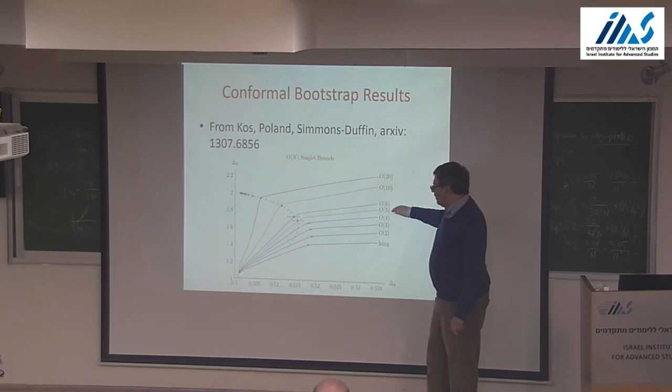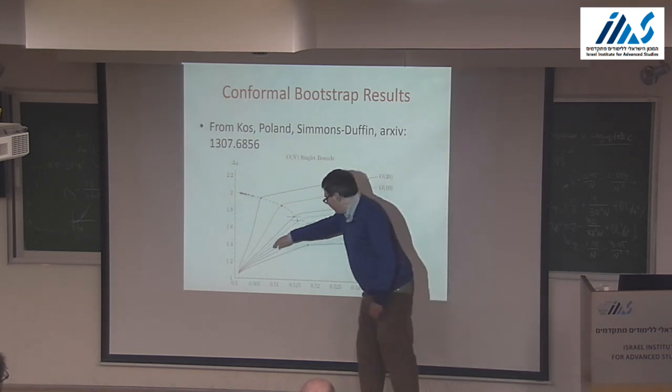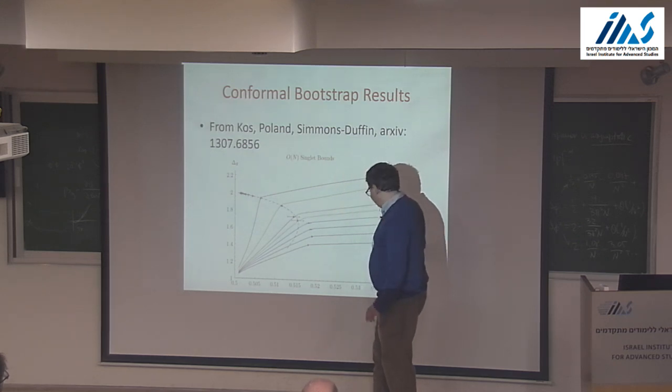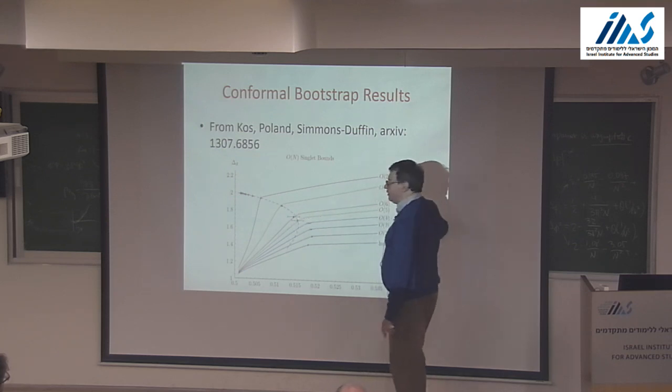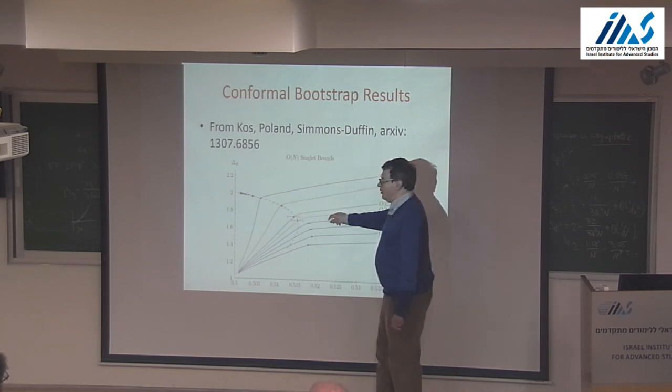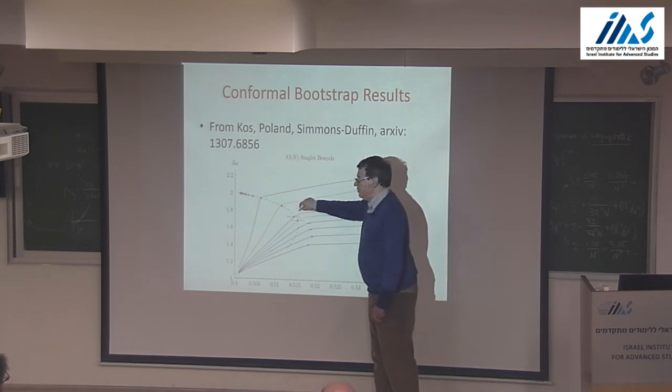Like they basically say that the allowed range of dimensions, based on what they call the oracle, is such that the true theory has to sit under this line. If you plot delta S versus delta phi, it has to sit under this line. And there is some kind of kink or break in this line where the actual theory always appears to sit.